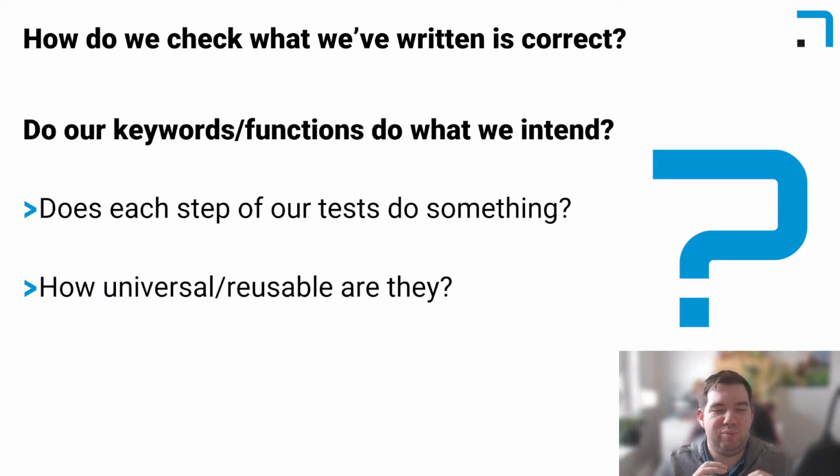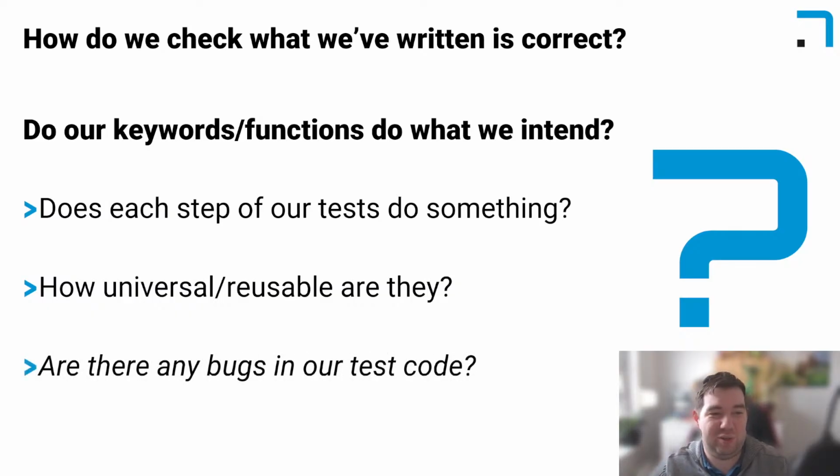Remember, the fewer points of failure we have, aka different keywords and functions, the easier it is to identify where failures are, because it could be a bug in our test code, which is also, of course, something we need to keep an eye out on. Since we're looking at testing code, for the most part, we shouldn't worry about developing any bugs too often, but still something that we really should keep an eye out on.